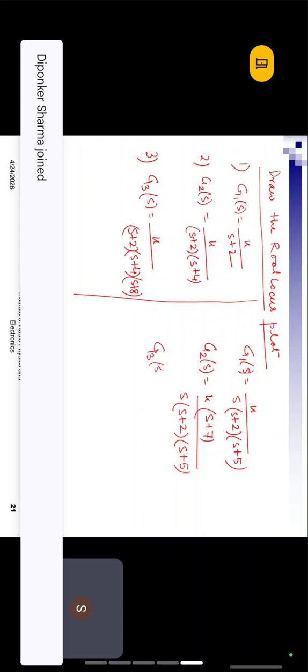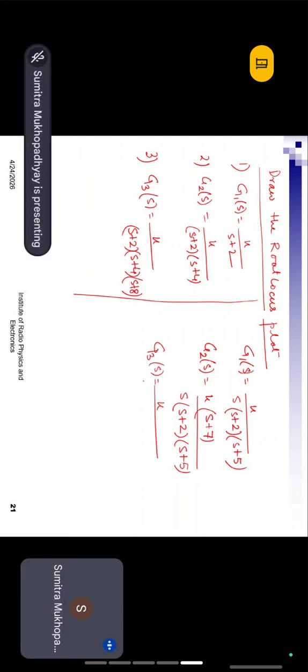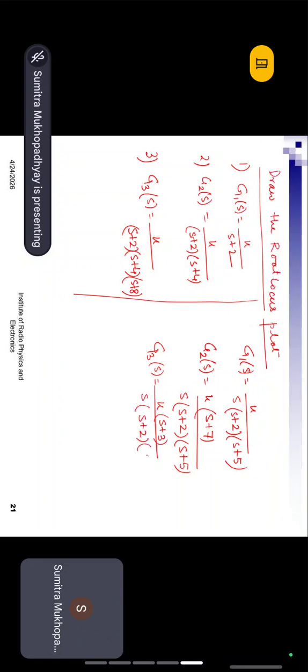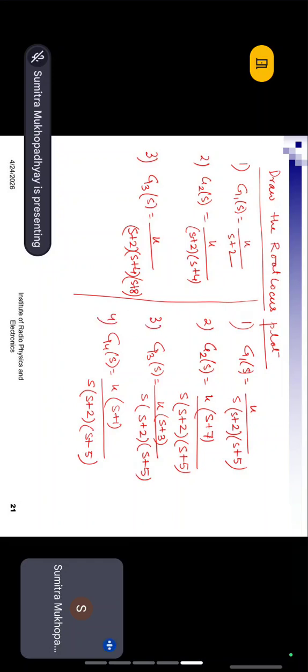G3(S) is K divided by K into S plus C... S into S plus 2, S plus 5. And G4 is K into S plus 1 divided by S into S plus 2, S plus 5. These are the 4 root locus plots again: 1, 2, 3, 4. So here poles are constant, but we are adding zeros in different locations.